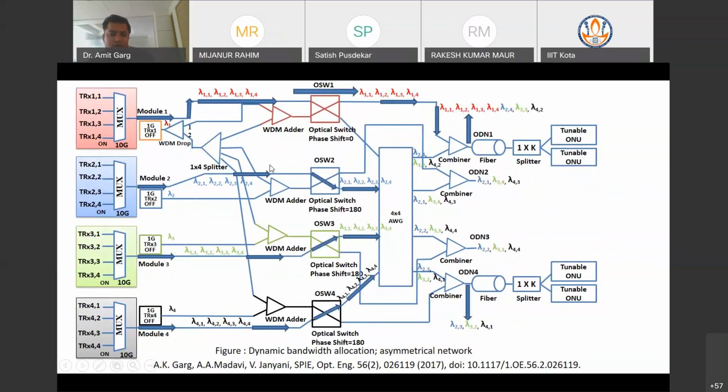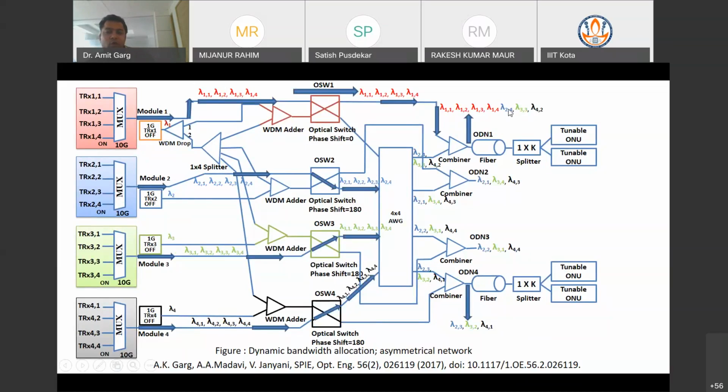And suppose at some particular instant of time, the optical distribution network is demanding very high data rates, then what can we do? We can have the phase shift of these switches as 180. So lambda 21, 22, 23, 24 will be distributed like 21, 22, 23, 24.